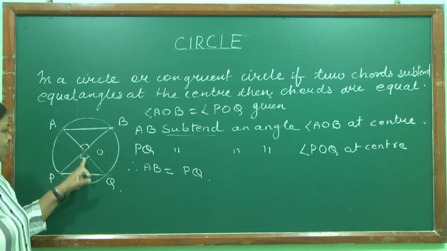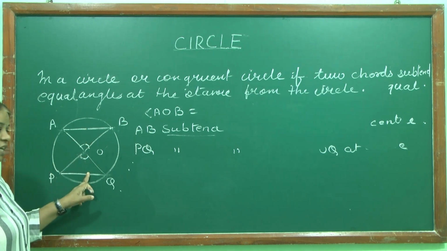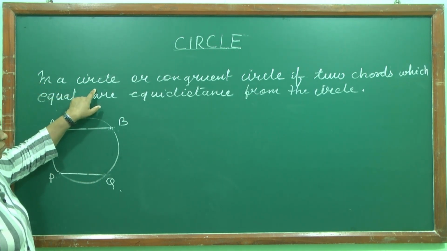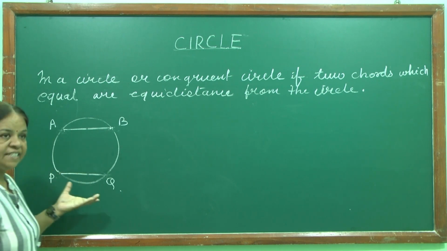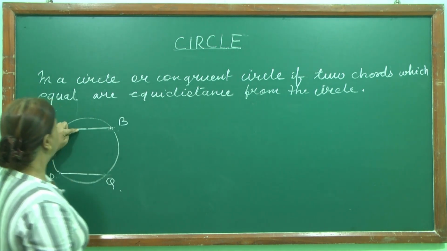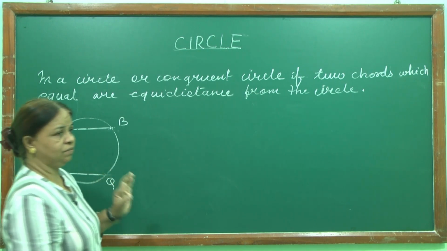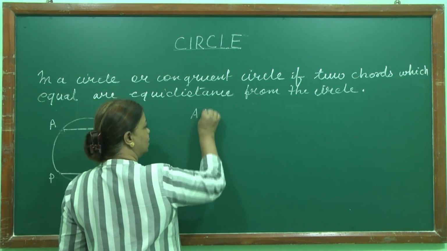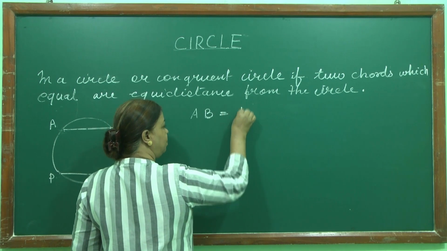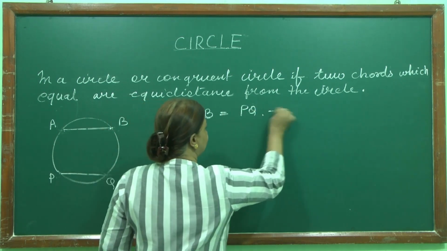See here, angles are equal, therefore the chords are equal. In a circle or congruent circles, if two chords are equal, means chord AB is equal to chord PQ, it is given here.